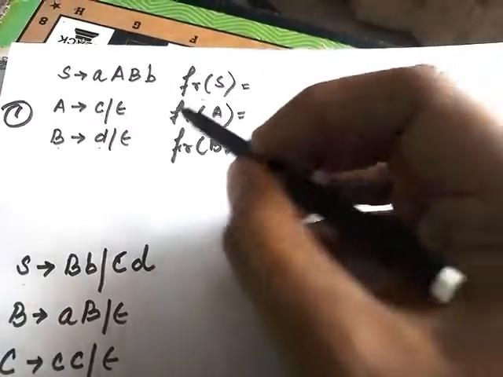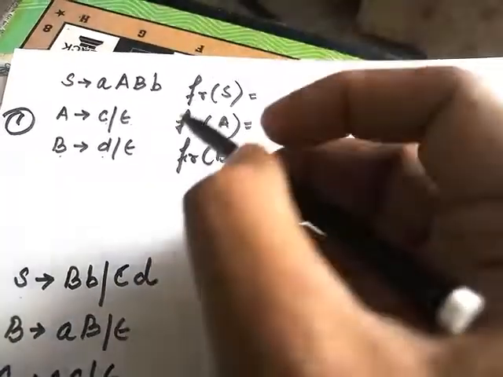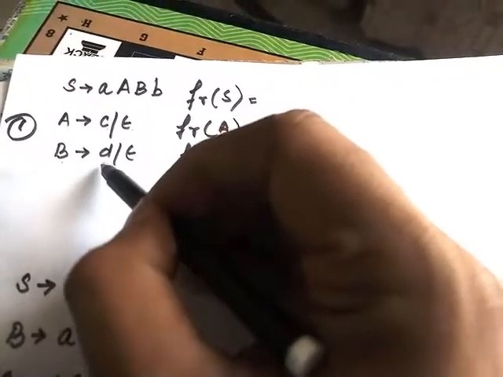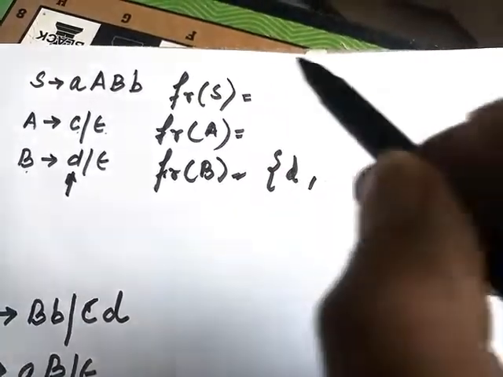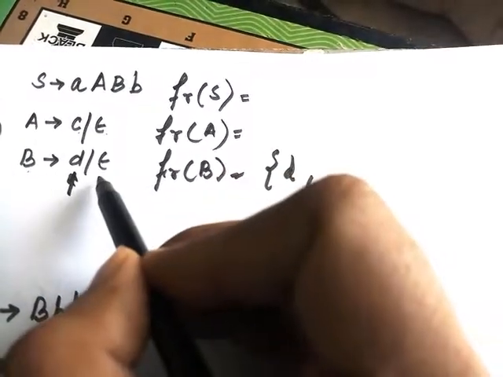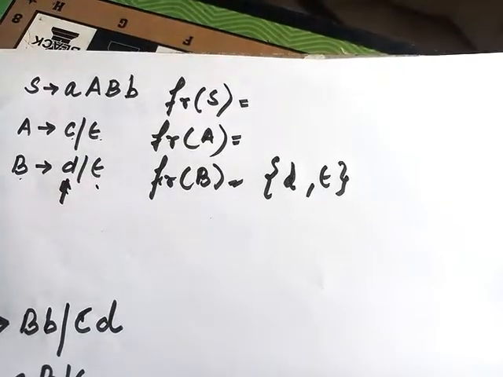We will take the easier part first. Let's see what is the first of B. So we will see what B can generate. B can generate D, which is a terminal, so we will mention it over here, and B generates epsilon also, so we will mention it like this.